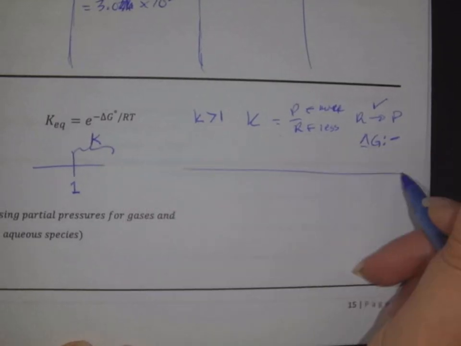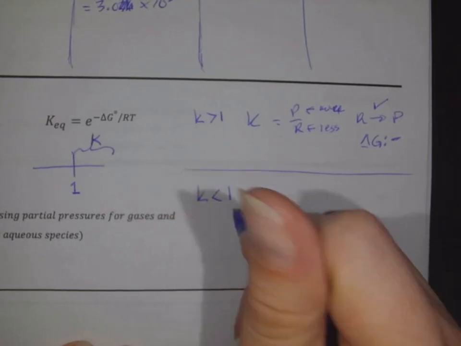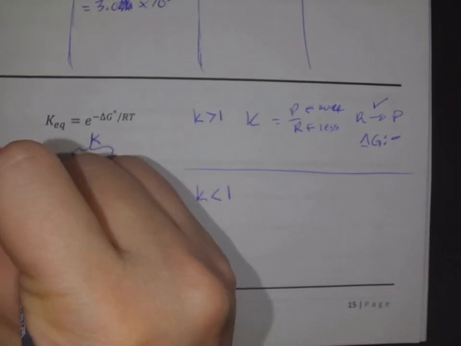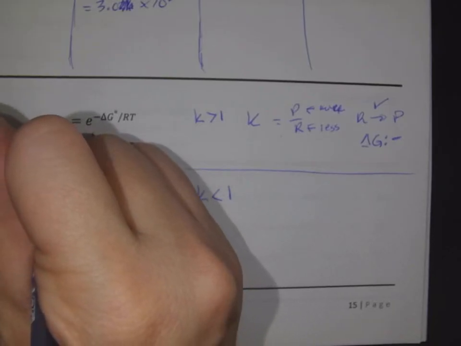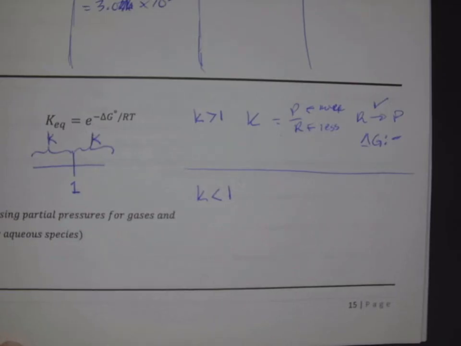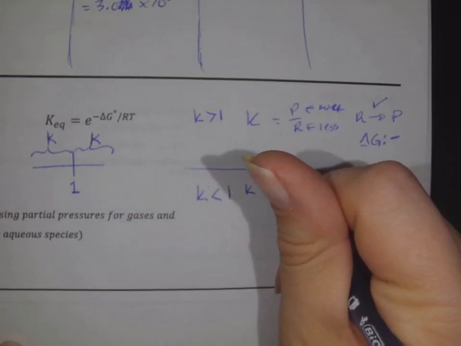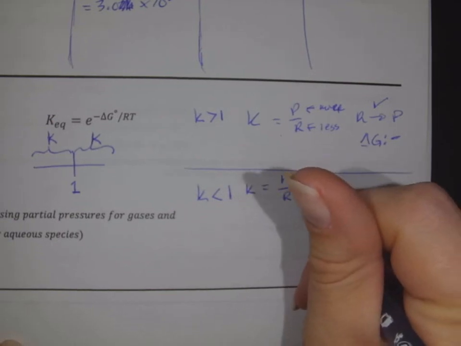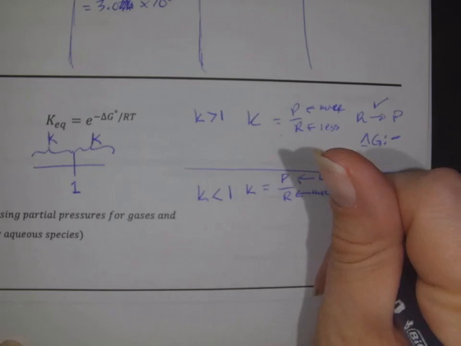Well, what about the opposite? What about when our K value is less than 1? Here, products over reactants, we have way more reactants than products.